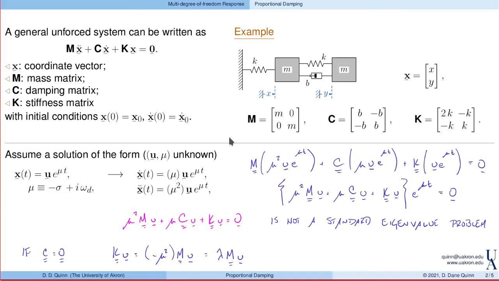So in order to be proportionally damped, every stiffness has to have an accompanying parallel damper. And that would be an example of structural damping if it did. Or every mass would then have to be connected with a damper to ground. So again, this system is not proportionally damped.